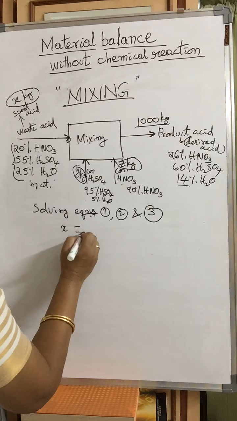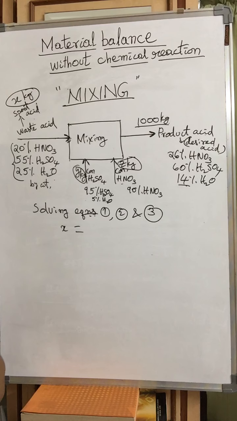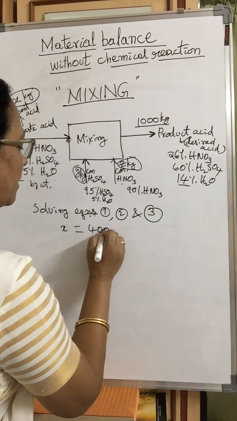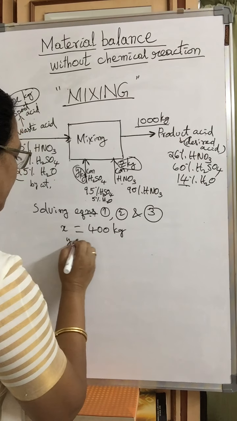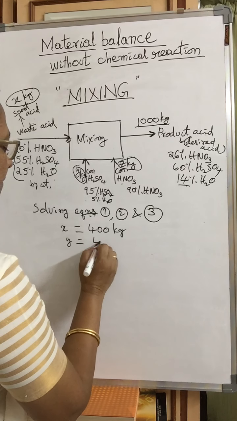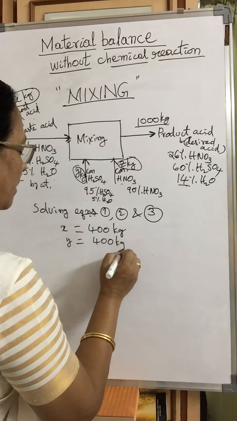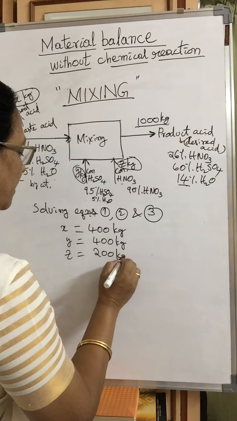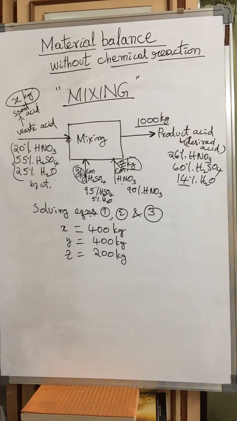X is equal to 400 kg, Y is equal to 400 kg, Z is equal to 200 kg. This is what we got.